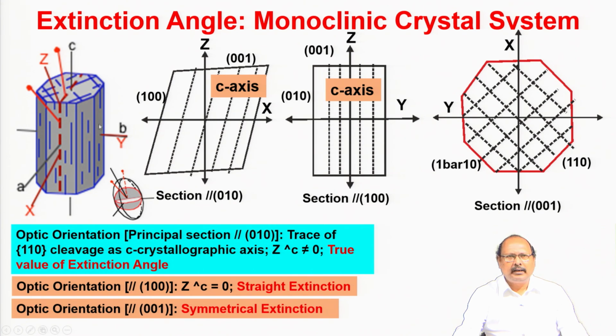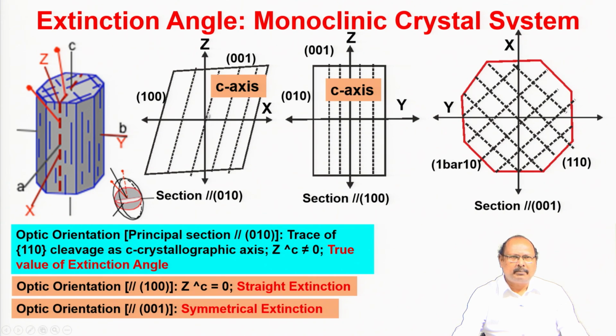You have the two optic axes that have been shown here, and you also have the C and A crystallographic axes. So, in the 010 plane, the principal section of the indicatrix, what you see here are the cleavage traces. Let us consider there are two sets of cleavages, and the trace of that cleavage is this line here, which is parallel to the C crystallographic axis. In this plane you will have the x vibration and, perpendicular to it, the z vibration.